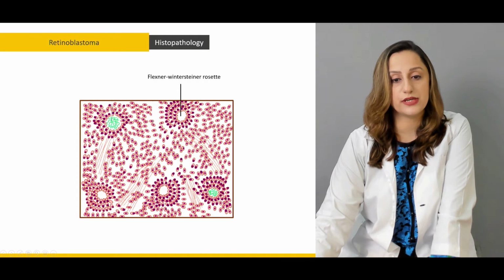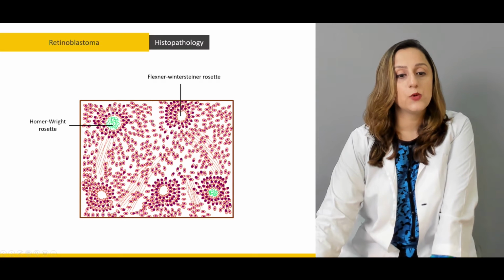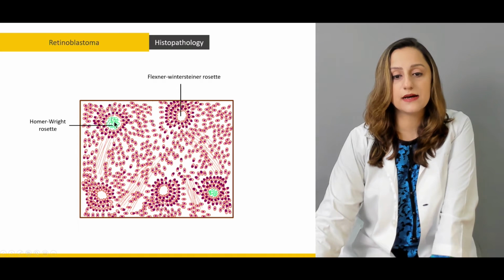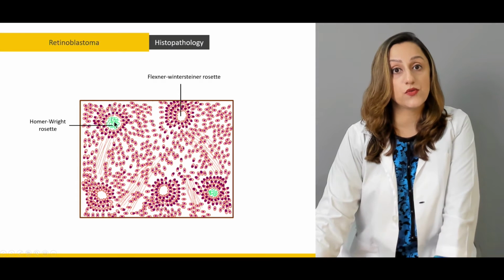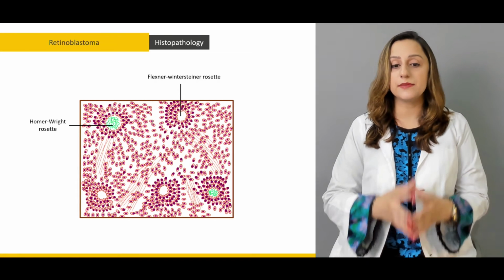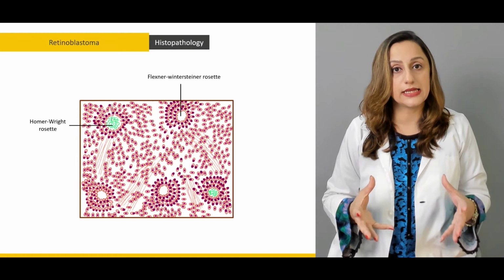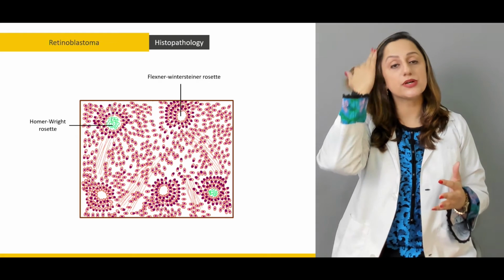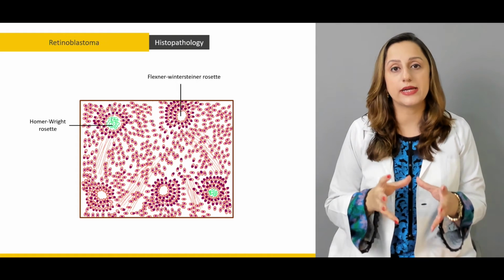And then finally, we have the Homer Wright rosettes. If there is a mucocutaneous filling, it can be a discharge being collected at the center of this rosette-like structure, then we regard them as the Homer Wright rosettes.